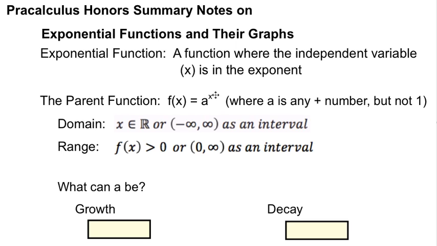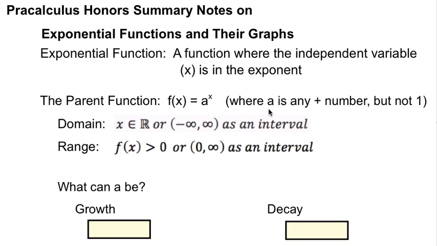No matter what we plug in for x, it'll never end up equaling 0, and it'll never be negative. And if you want to use interval notation, you can use the interval from 0 to positive infinity.